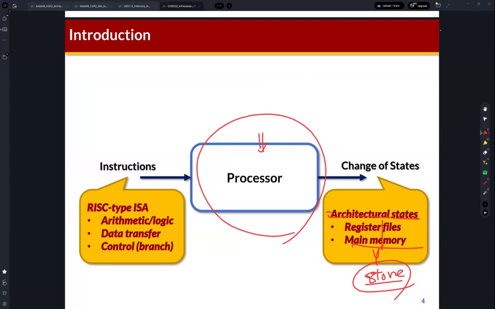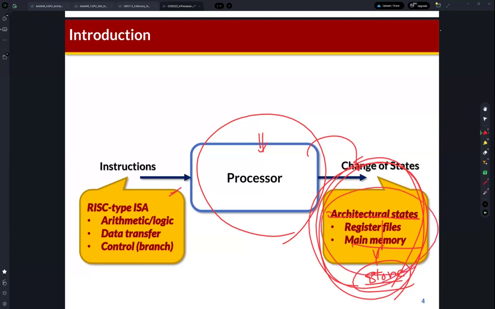Which means that a processor needs to generate the result of instructions based on the input instructions, right? And I mentioned that the result of instructions are changes of state, the architectural state.